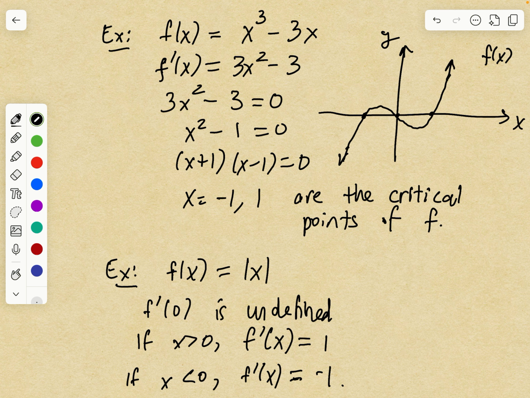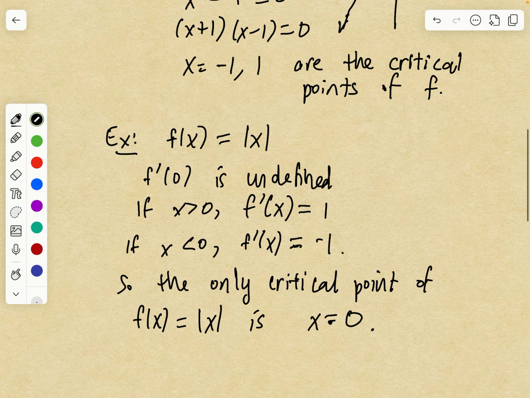And the point is that the critical points are here and here, and this is where the local maxima and minima can occur. So there's a local minimum here, a local maximum there, and that's why we are looking for the critical points, because they tell you things about the function, like where the local maxima and minima are.